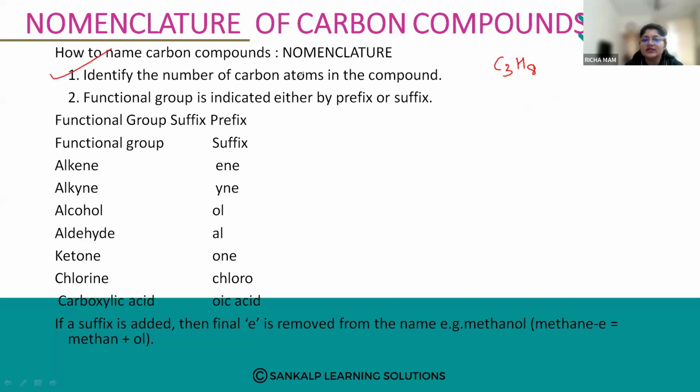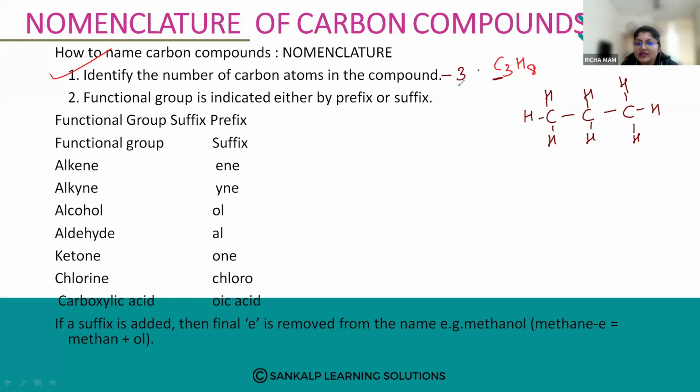How many carbon atoms are there? There are 3 carbon atoms. Now the functional group is indicated either by prefix or suffix. When I write this structure, C, C, C, and then the hydrogens: H, H, H, H, H, H, H, and H. So this is satisfied: C3H8, 1, 2, 3, 4, 5, 6, 7, 8.